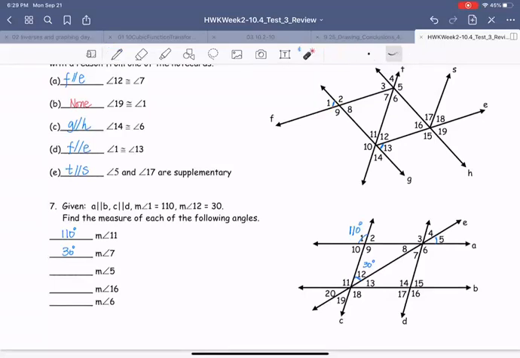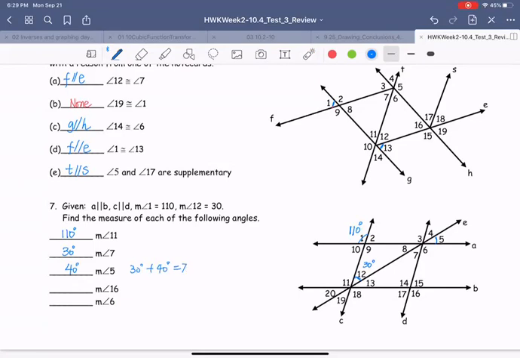I think it's 40 degrees. Perfect, because here together is 70. Angle 4 equals 30, so angle 5 is 40, right? Very good job. 30 plus 40 equals 70. That's the reason.